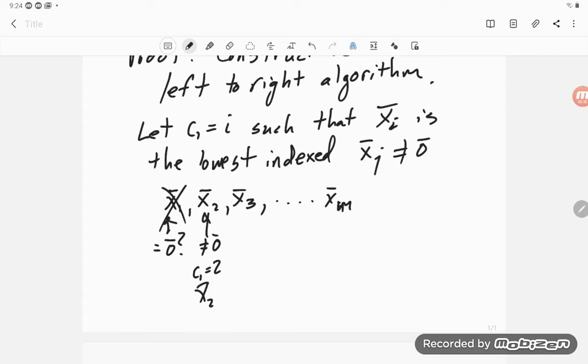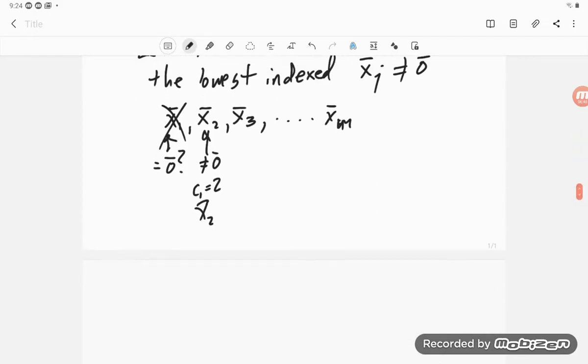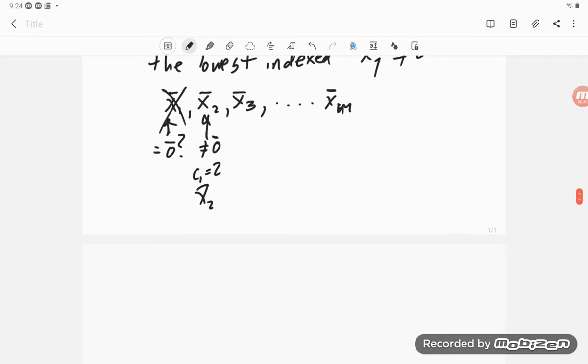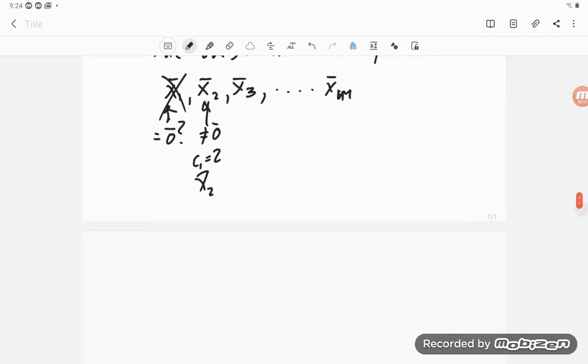Makes sense. We just go until we have the first non-zero vector. Now, they point out that if we had to go all the way to the end, so if our c1 is equal to m, then we're done. We have our basis, it's just xm.